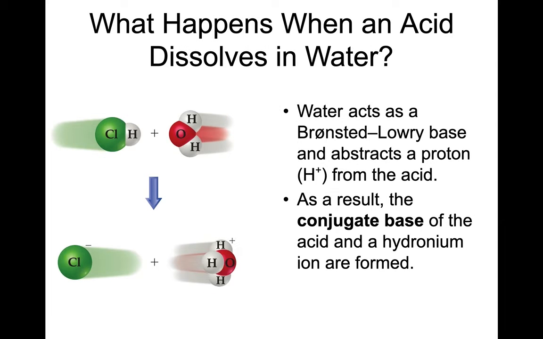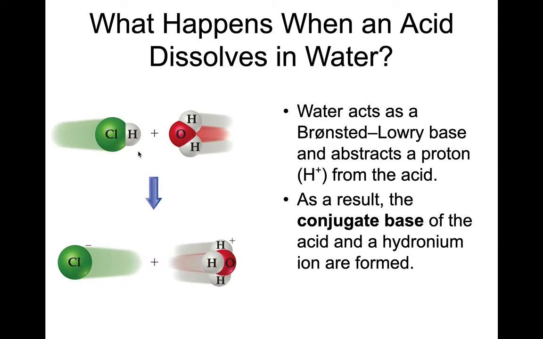So let's take a closer look at what is actually happening in these reactions when an acid or a base dissolves in water. In the case of, again, hydrochloric acid, we know it's the acid because it is losing a hydrogen and giving it up to the water. So water is acting as our base. It's going to accept that hydrogen ion to form the hydronium ion.